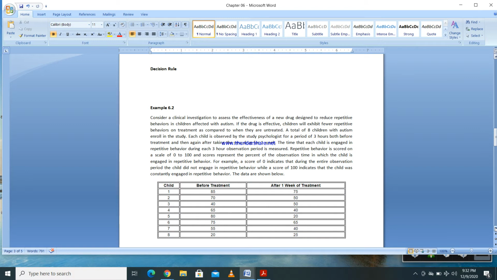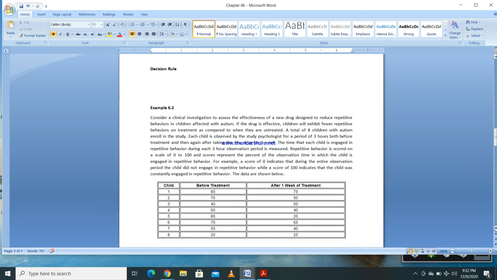It says, consider a clinical investigation to assess the effectiveness of a new drug designed to reduce repetitive behavior in children affected with autism. If the drug is effective, children will exhibit fewer repetitive behaviors on treatment as compared to when they are untreated.